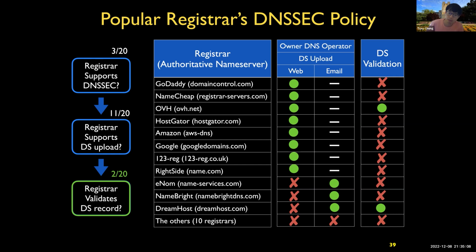So as a kind of due diligence, the registrar has to check whether the uploaded DS record actually matches the DNS owner's DNS key, okay? But only 2 out of 11 check the DS record, which is so sad, yeah?